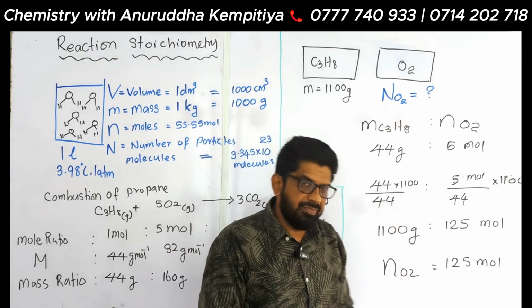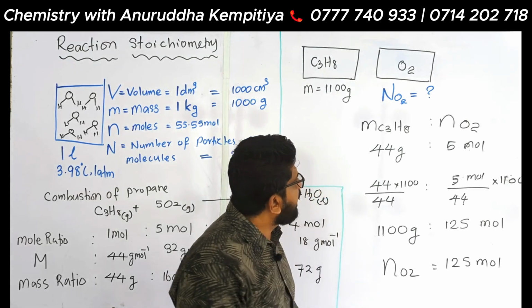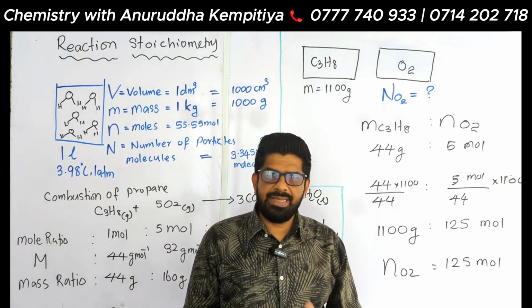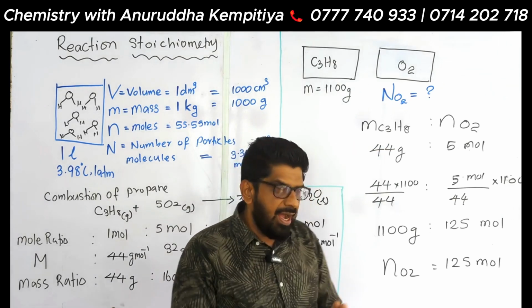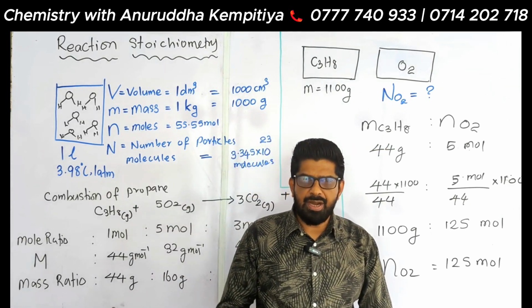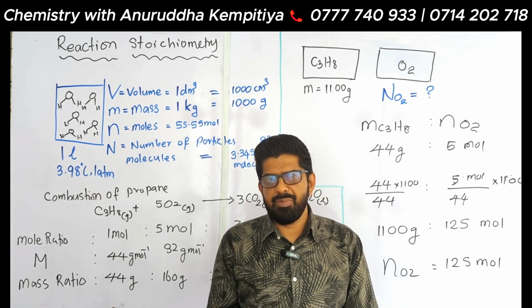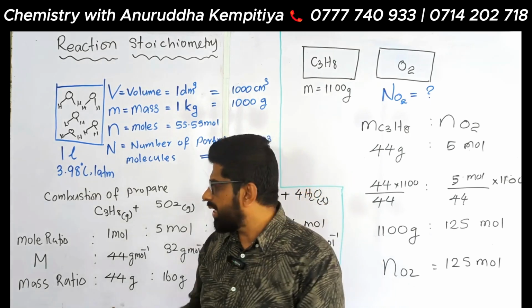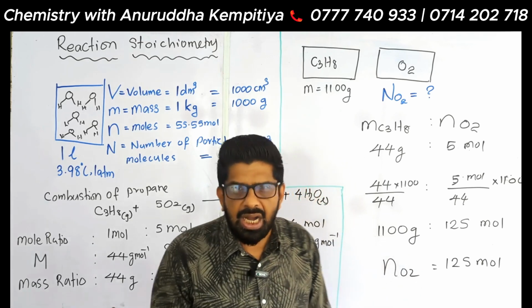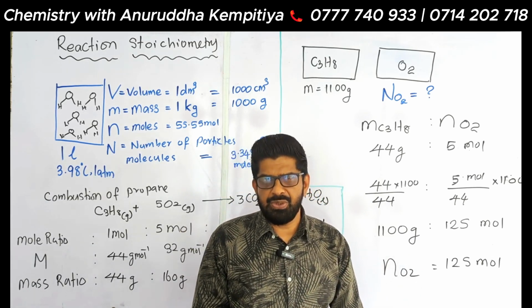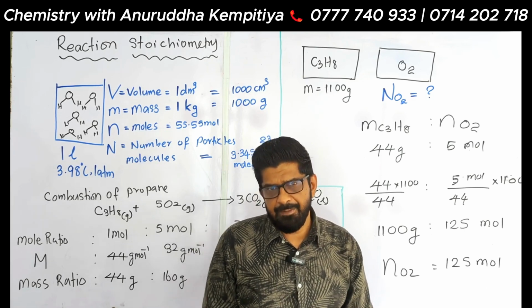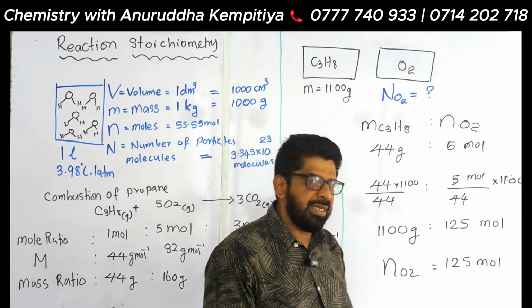That's capital N. Right. Okay, I can go ahead with the same calculation. If they ask me to find the number of molecules, I don't straight away find the number of molecules. Actually, I could, but I don't use that method. It's a little bit confusing.